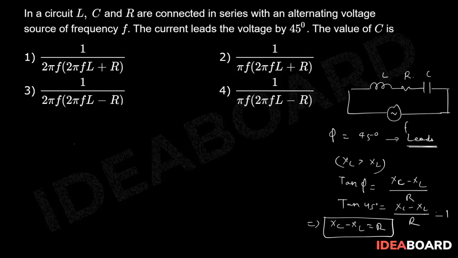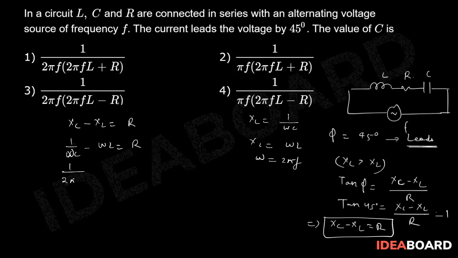Using the equation XC minus XL is equal to R, we know that XC is 1 upon omega C and XL is omega into L. And omega is equal to 2 pi f. So if you put the value, you get 1 upon 2 pi f C minus 2 pi f L is equal to R.